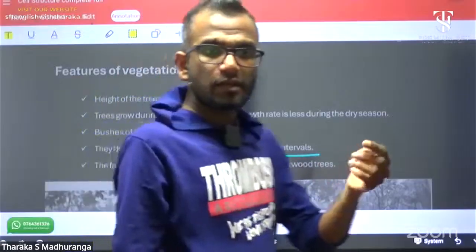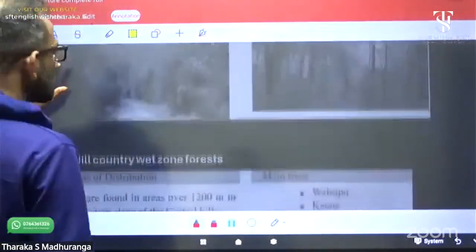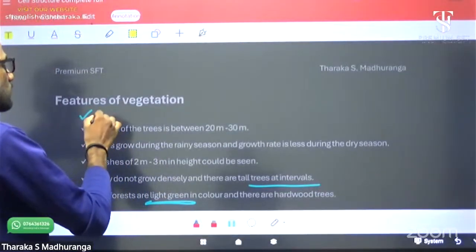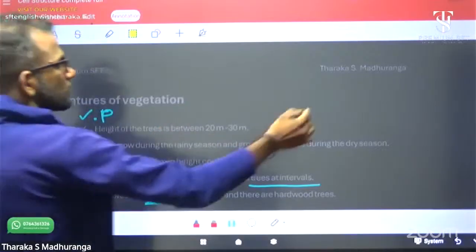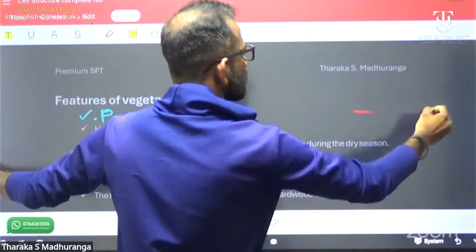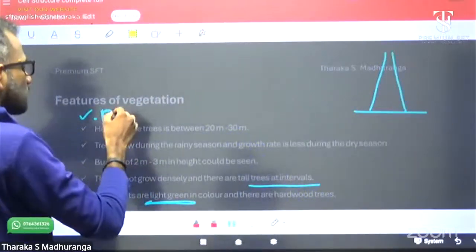The other thing is they are not the same diameter. The plant stem is not the same diameter. You can note this down. The shape is not like this; the shape is this. This is a plant stem shape.